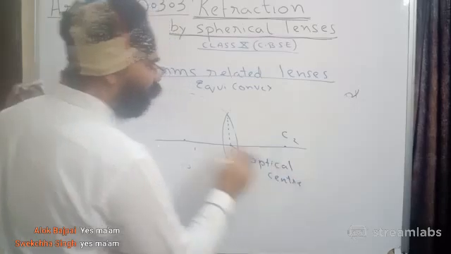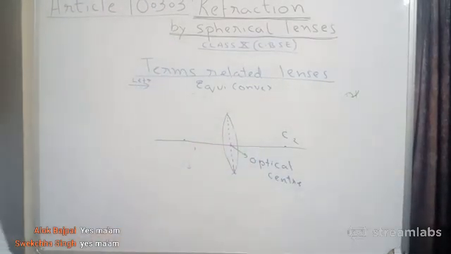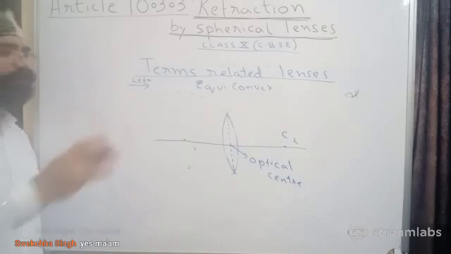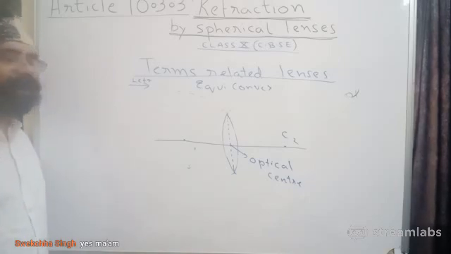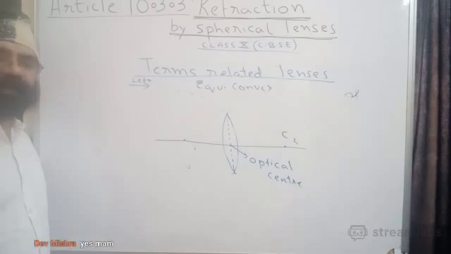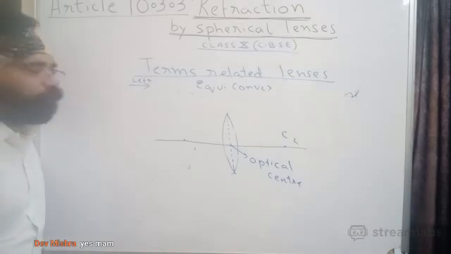If light falls on the optical center, it passes without deviating. Everybody understood? If light falls on the optical center, it travels straight, it will go straight, it will not converge or diverge. Okay, it will not bend.